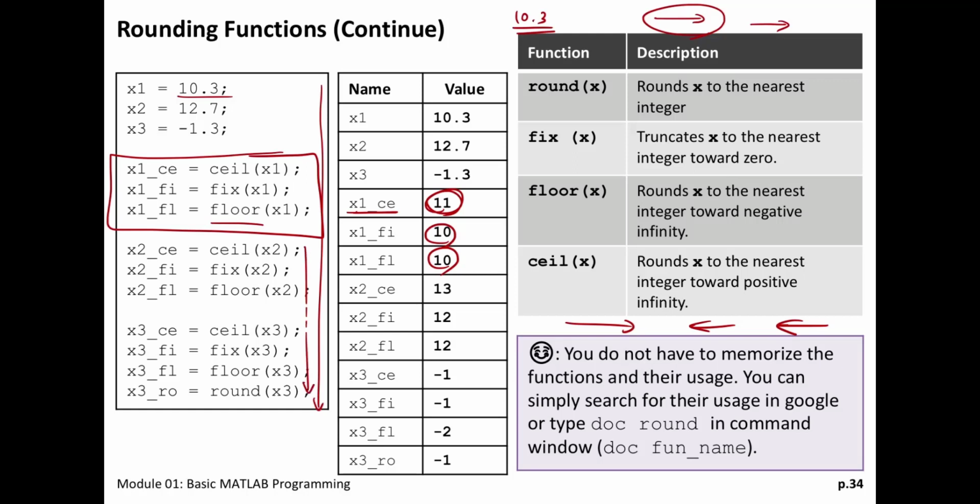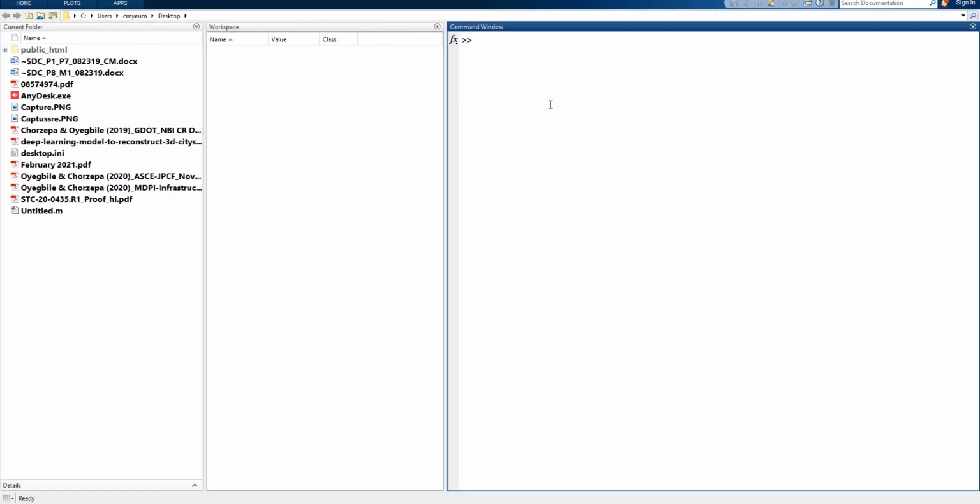By the way, you don't have to memorize these functions and their usage. Please type doc in the command window. If you want to see how to use a function, you can type doc and the function name. For instance, here's the MATLAB window.